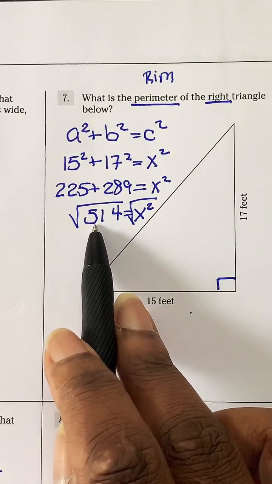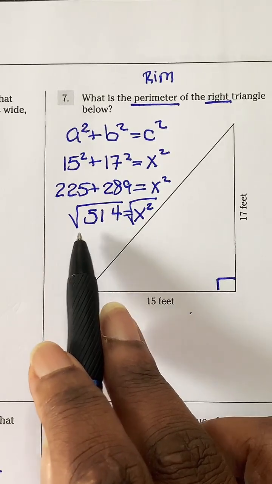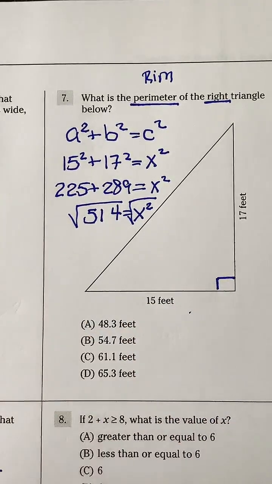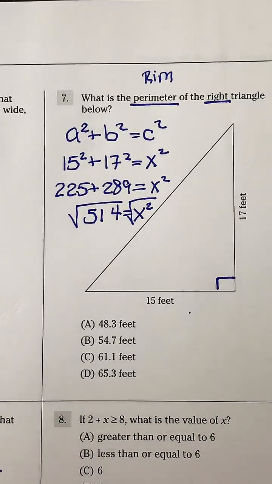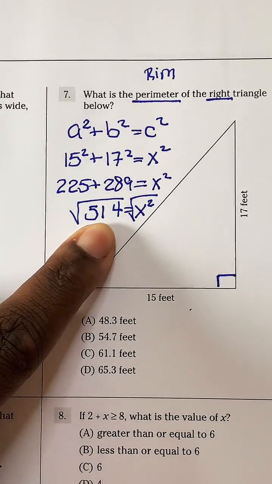So if we kind of go through it, it's like 22 point something. It's going to be between 22 and 23. Because 21 squared gives us 441, okay, which is less than this.